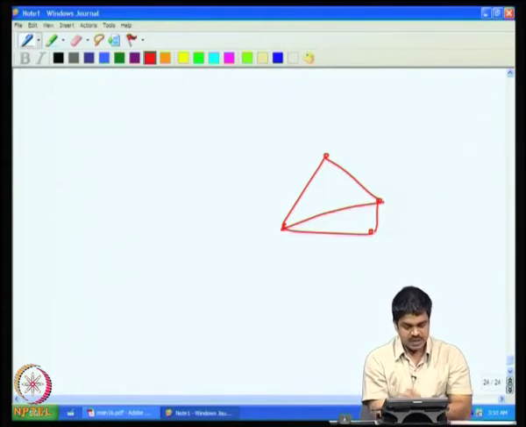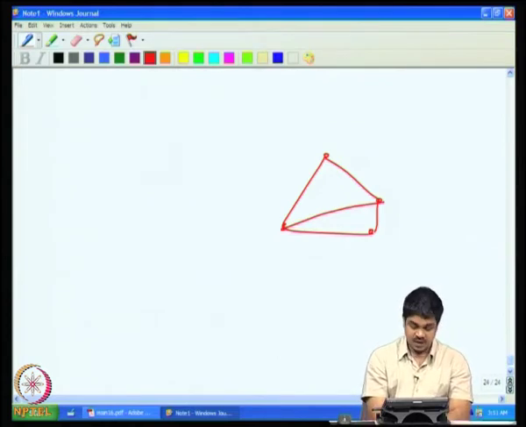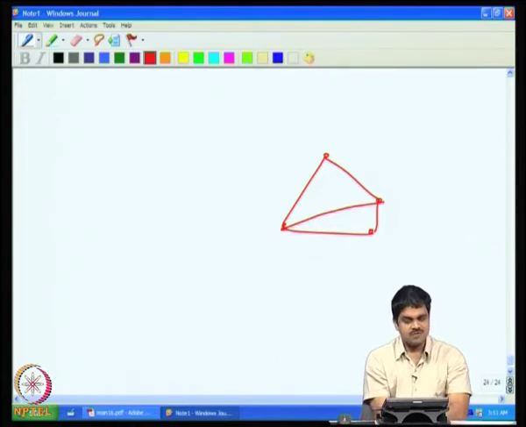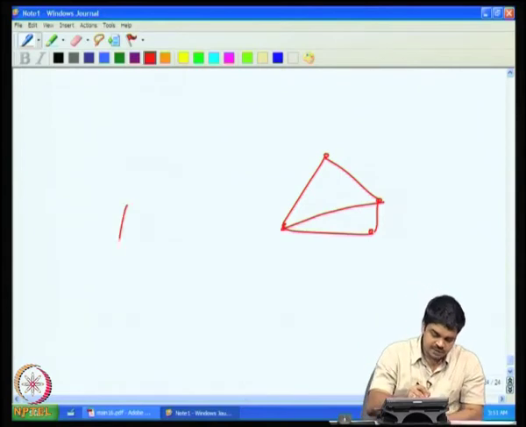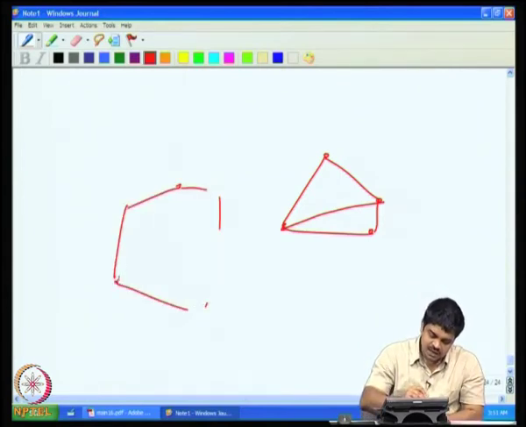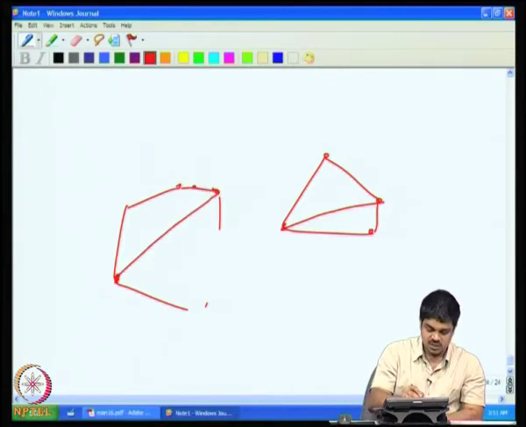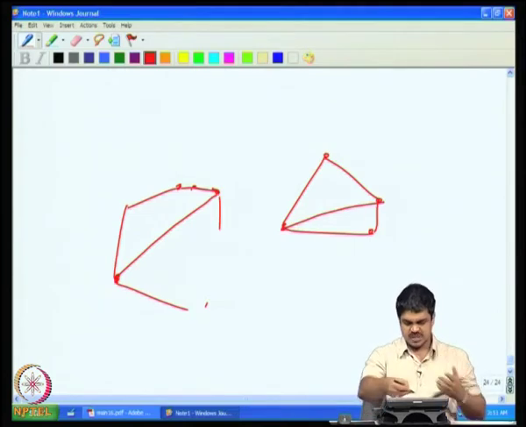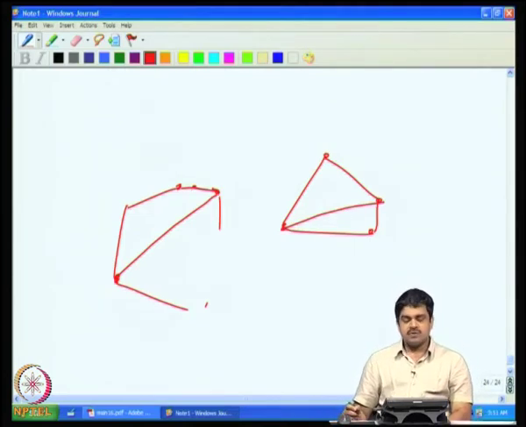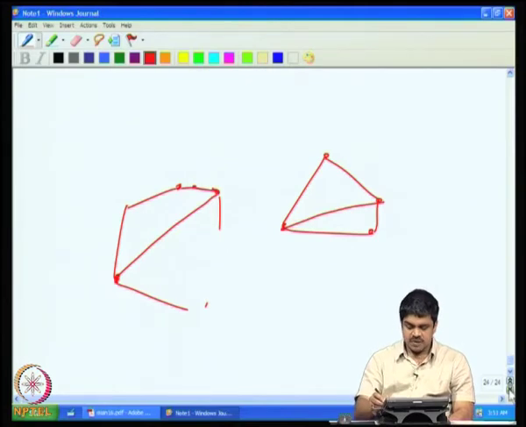It is very clear that every face has to become a triangle at this point. Why? Because if it is not a triangle, you will see a face like this somewhere, and then you can always connect two such vertices and put one more edge. It is possible to put one more edge without crossing, because it is inside the face. Therefore, it becomes a triangulated graph.